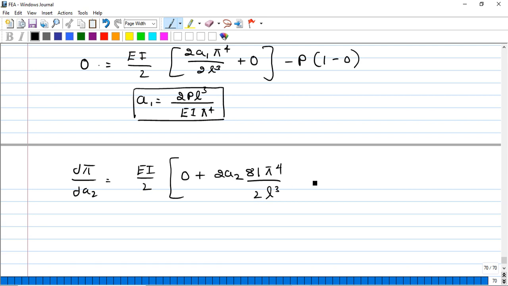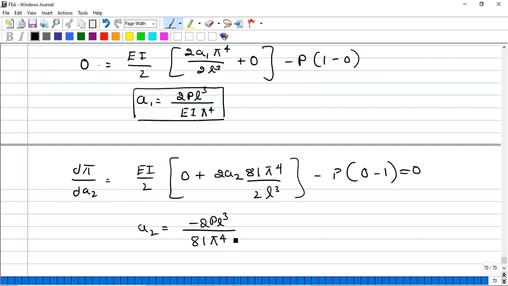So this 2 gets cancelled, and let me write the remaining potential energy. a1 will be 0, a2 will be 1, and I need to equate this equation to 0, and I can identify a2 as minus 2PL cube by 81 pi raised to 4 EI.